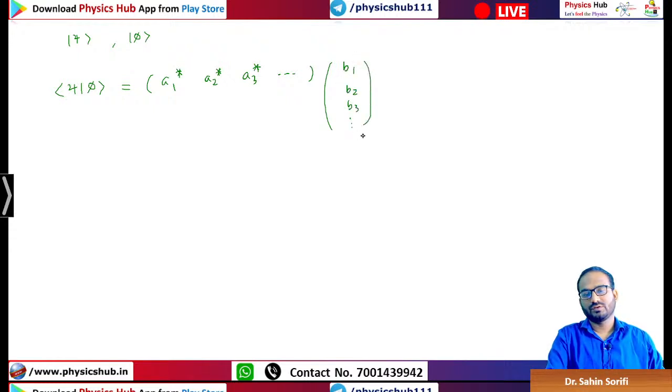This will be a row vector and this a column vector. So this equals a1 star b1 plus a2 star b2 plus a3 star b3. So we can write it as the sum over n of an star bn.